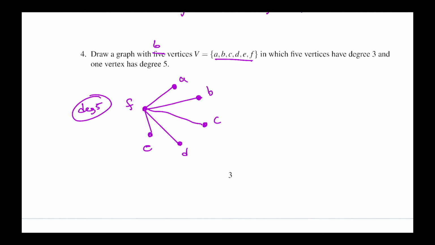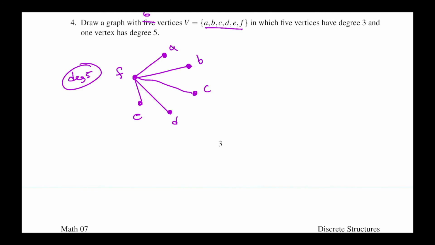Okay, F is done now, right? So F has degree 5. Now the others are all supposed to have degree 3. So that means every other vertex needs 2 more edges. And how are we going to do that? I don't know. Let's just try it and we'll have to erase maybe.